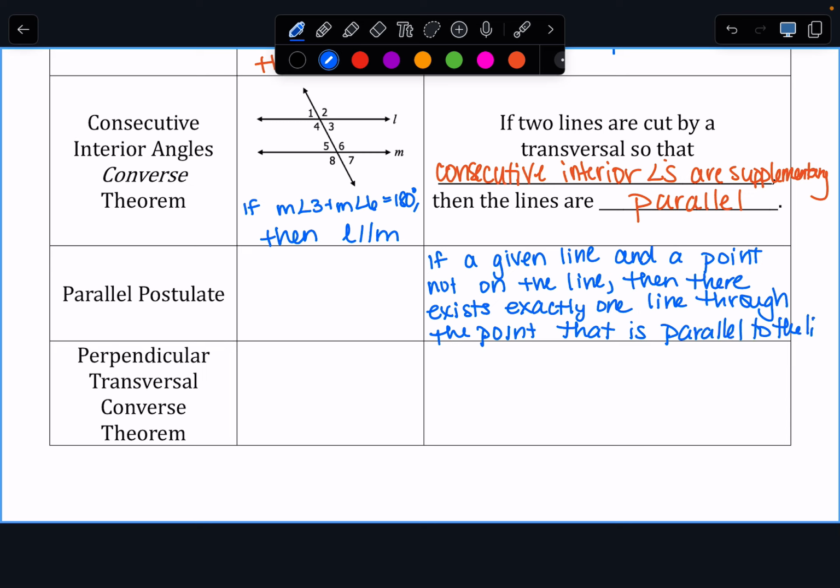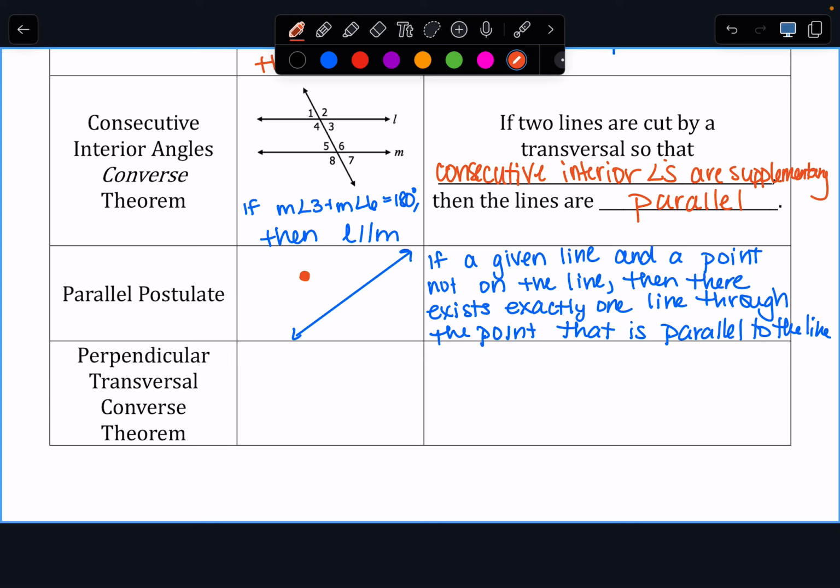Okay, so what this is saying, I have a line and I have a point off the line. I can only draw one line through that point that is going to be parallel to the first line. Only exists one and only one. Do you buy that? I have a line and I have this orange point, coral, whatever you want to call it.